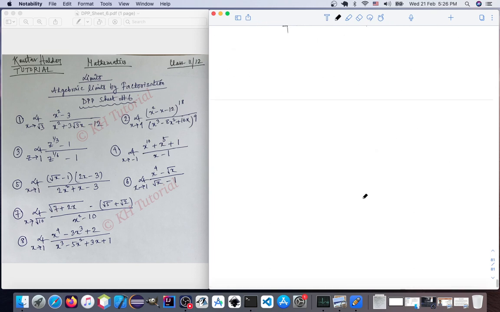Let's see the next problem. The next problem says limit z tending to 1 of z to the power 1 by 3 minus 1 over z to the power 1 by 6 minus 1. We can rewrite z to the power 1 by 3 as z to the power 1 by 6 square, minus 1.